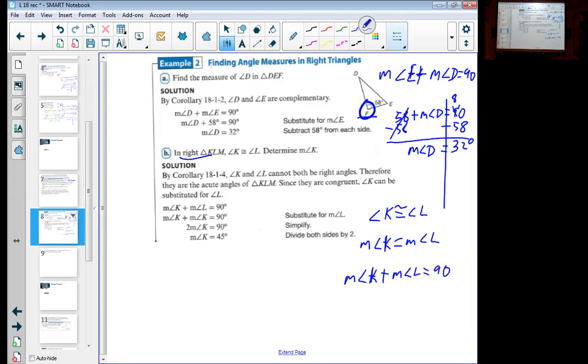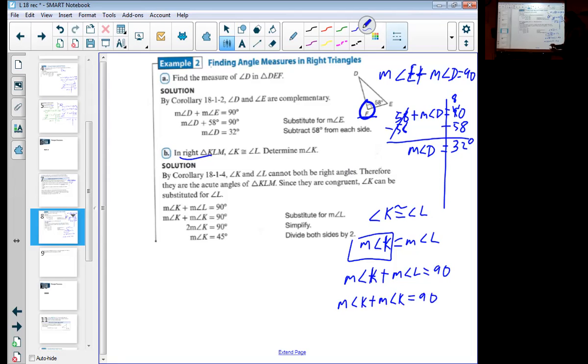Well, we can use the substitution property. I personally like the letter K, so I'm going to replace the L with the K. You can do it the other way around if you like L better. It really doesn't matter which one you use. We have the measure of angle K plus the measure of angle K is equal to 90. Now we can combine our like terms.